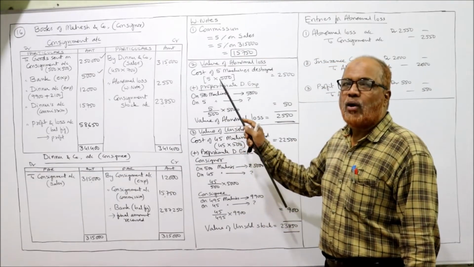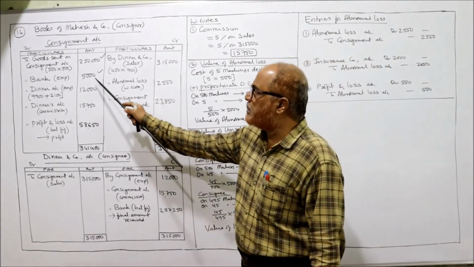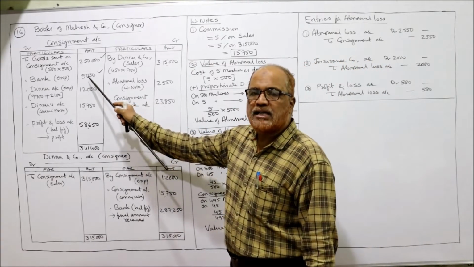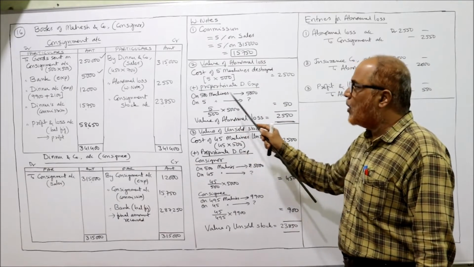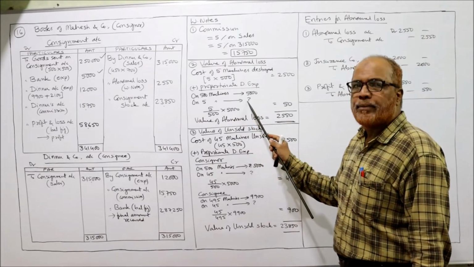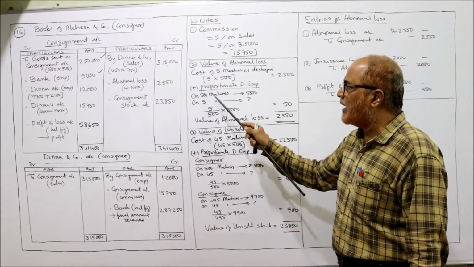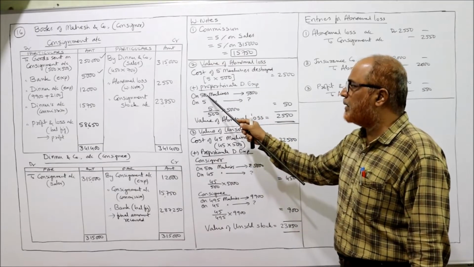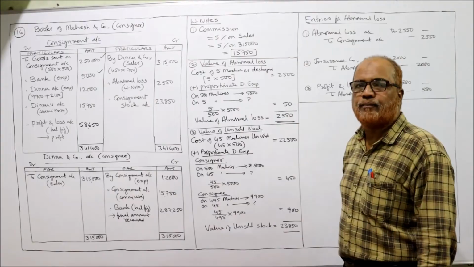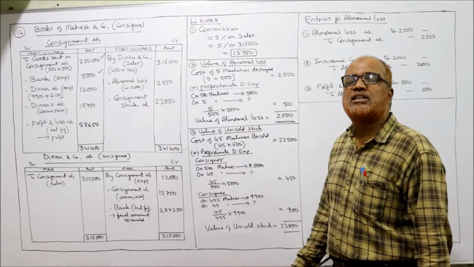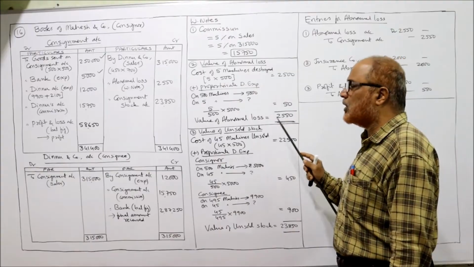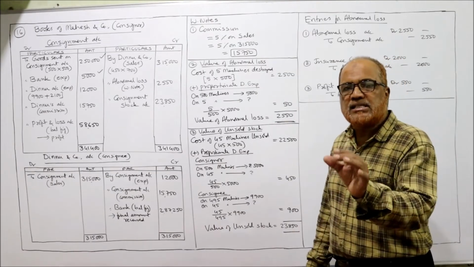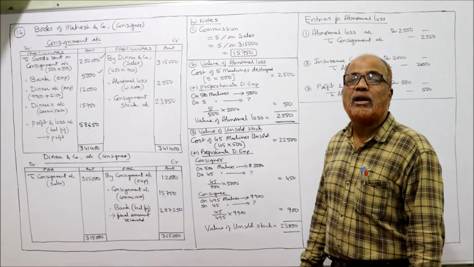On 500 machines, the consignor spent 5,000 rupees. On 5 machines, how much? Because machines destroyed are 5. So 5 divided by 500 into 5,000, 50 rupees. So 50 rupees is the proportionate direct expenses. Now you add up 2,500 plus 50, 2,550. This is the value of abnormal loss.